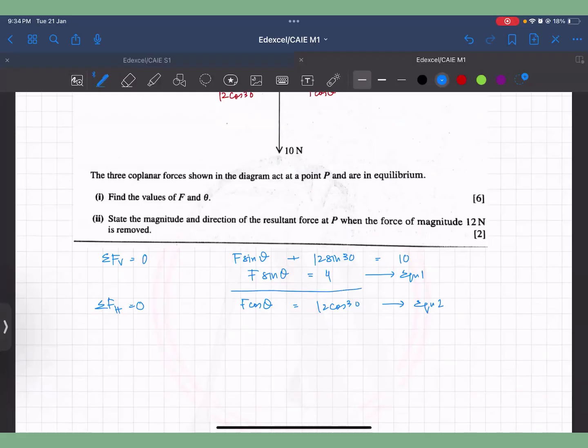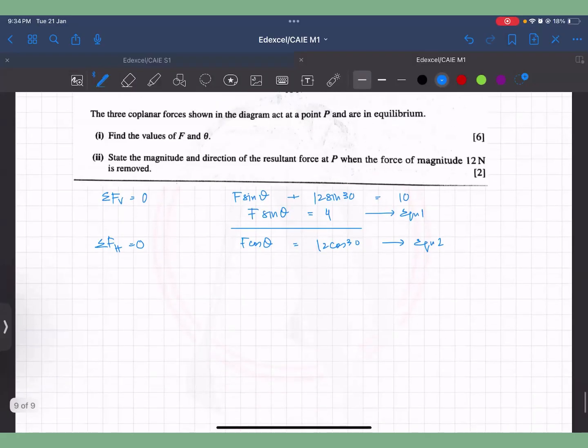When you divide both of them, F and F would cancel out, and sin theta upon cos theta, which is tan theta, would be equal to 4 upon 12 cos 30.